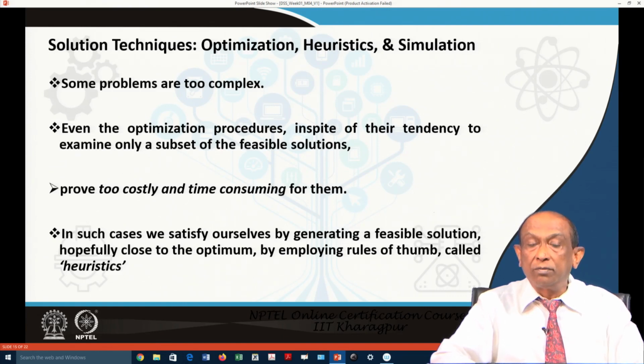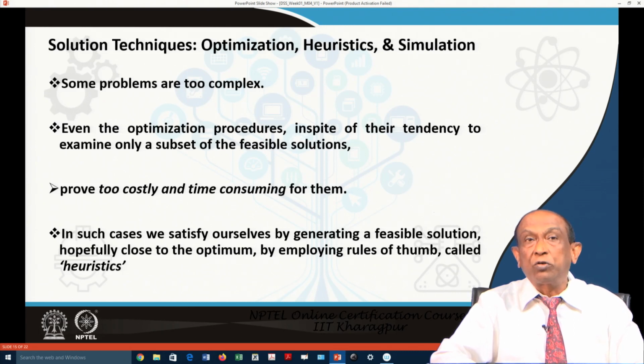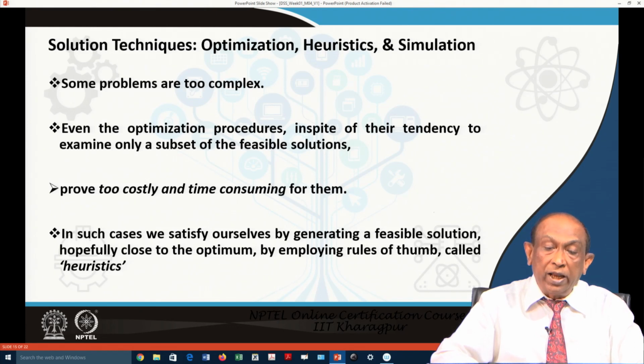Some problems in real life are very complex, and even the optimization procedures, in spite of their tendency to examine only a subset of the feasible solutions, prove too costly and time consuming for solving these kinds of complex problems.